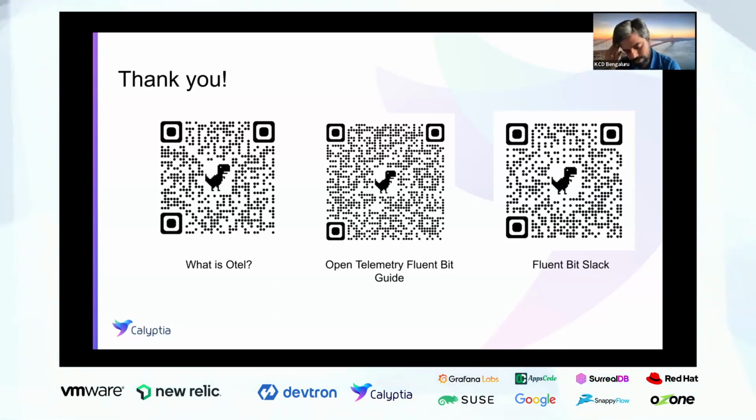Fluent Bit is deployed in so many big organizations. You might very well be using Fluent Bit without knowing it, when you make a payment transaction or call an Uber. Fluent Bit is already in the pipe. So come join the community. Happy to help and do more.